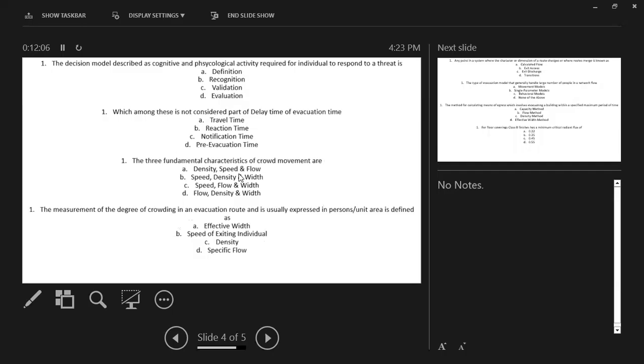The decision model, described as the cognitive and psychological activity required for an individual to respond to a threat, is... so we are talking about cognitive, mental and psychological activity required for an individual to respond to a threat.